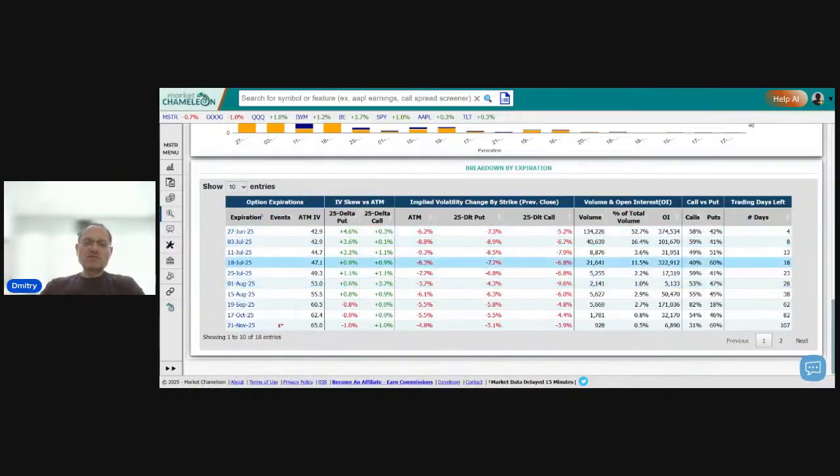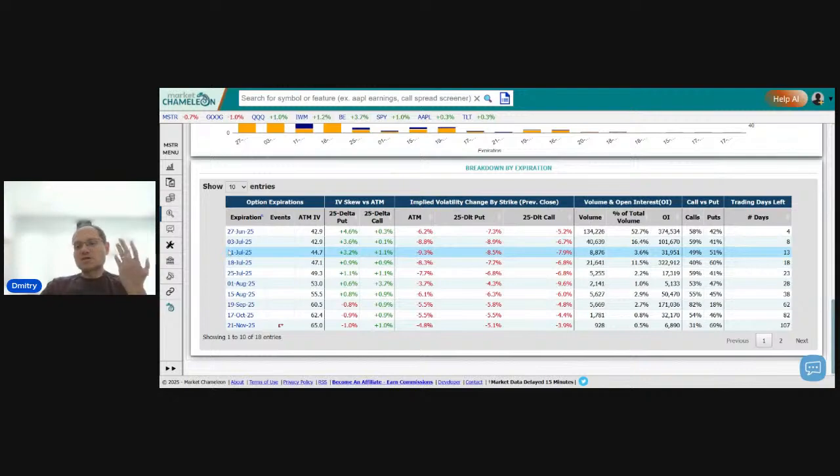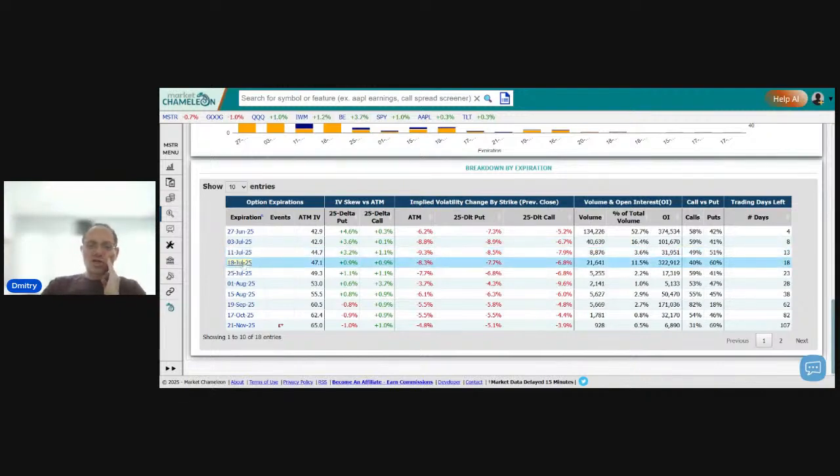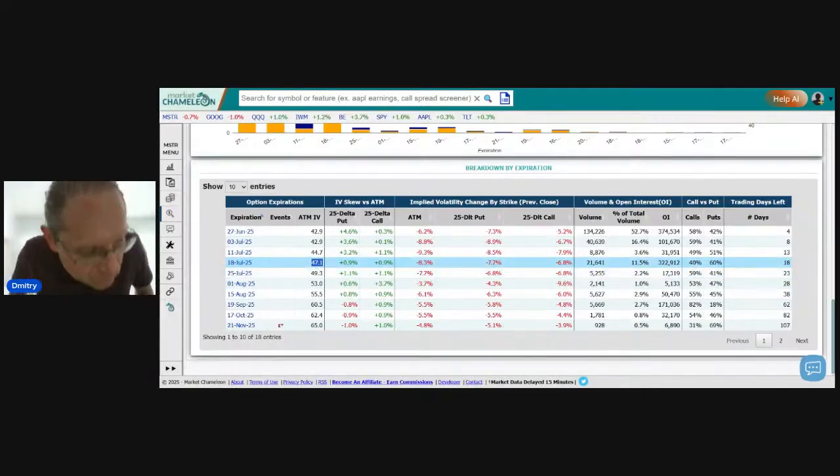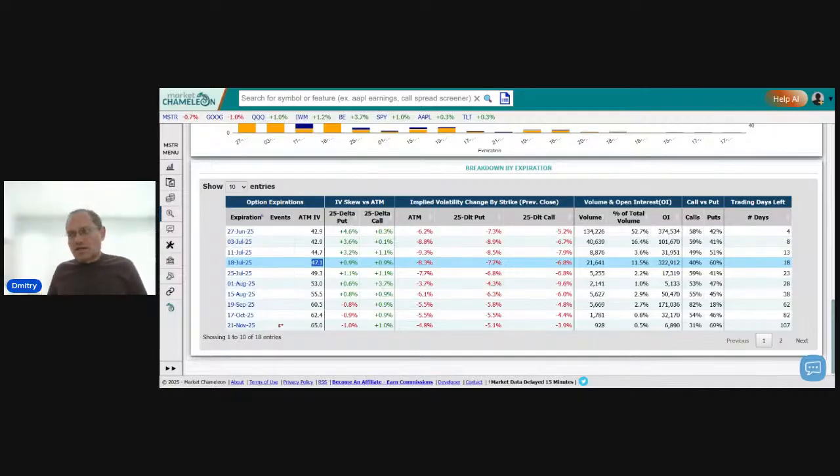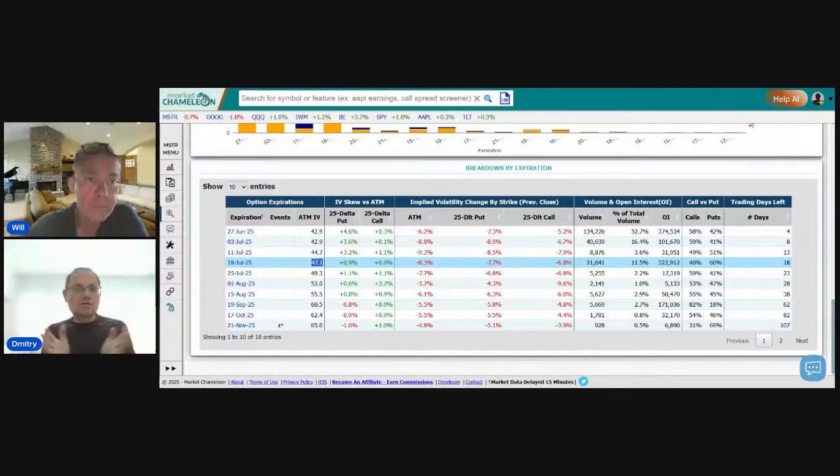So the first implied volatility we see, if we go to a particular expiration, let's say we're looking at the July 18th expiration, we see that the at the money implied volatility is 47.1. That's looking at just the at the money, where it's creating a weighted average of the options that surround the at the money strike.